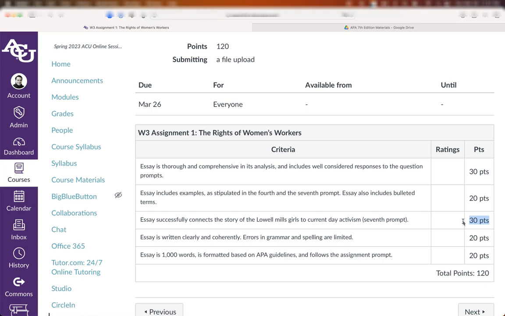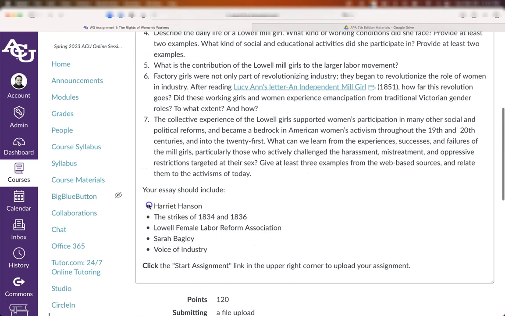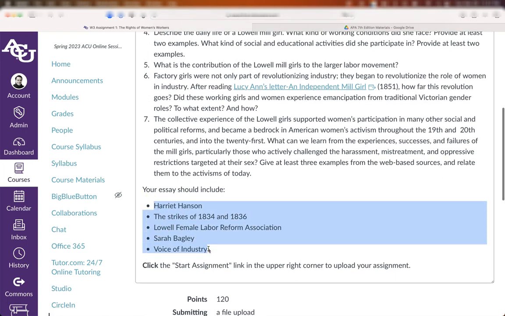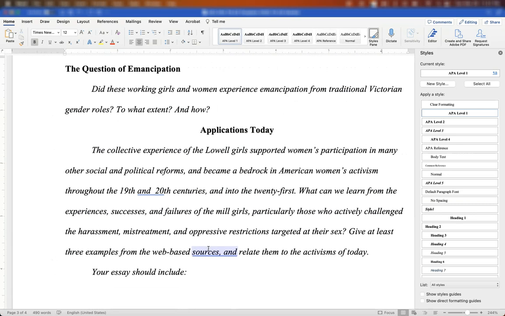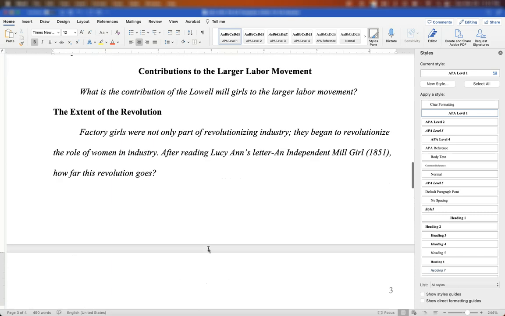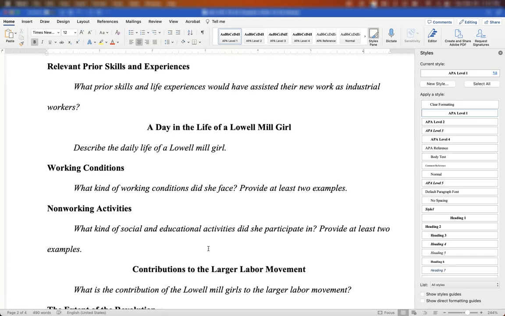So looking at this, we see, okay, there are these bulleted terms that are supposed to be included. And so one of the things you can now do, since you have this outline, is to go look and see, alright, having done the reading, where are the most logical points to discuss those bulleted terms or individuals?